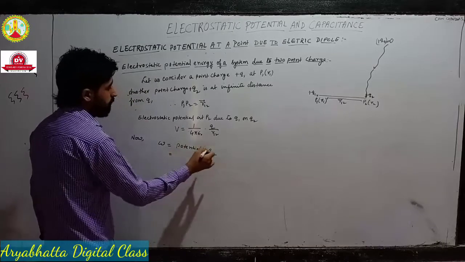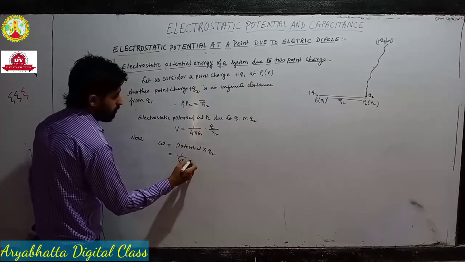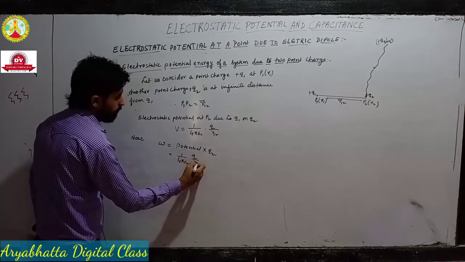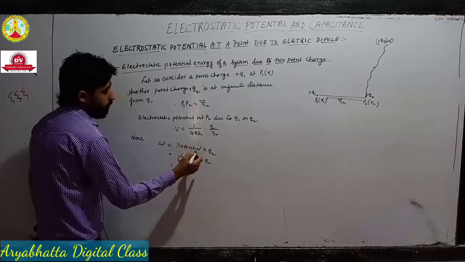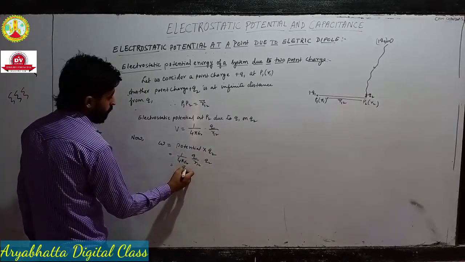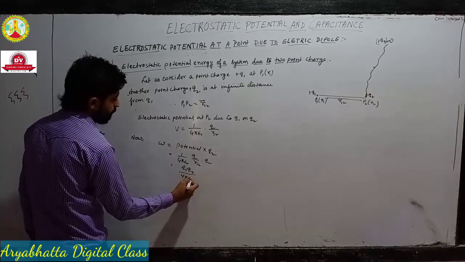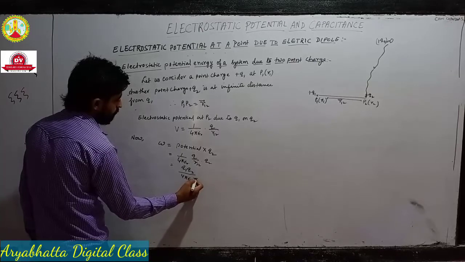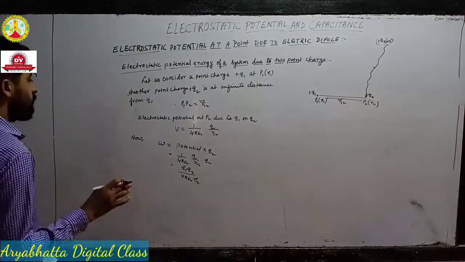Fine. Now just put the value. What will we get? 1 by 4 pi epsilon naught Q by R12 into Q2. That is what I'll get. This is not a cross product, I'm just writing into. So you'll get Q1 into Q2 by 4 pi epsilon naught into R12. Fine. Is this clear, this part or not?